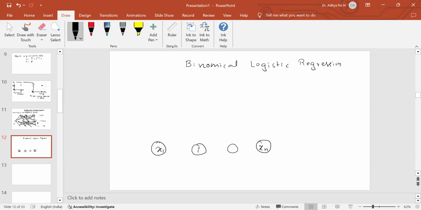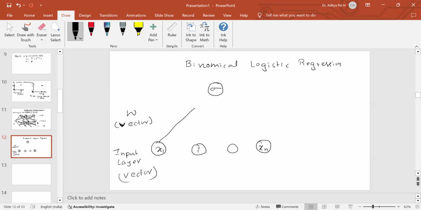So we have inputs from x1 to xn. When the input is applied with the weight w, this w is the weight, which is nothing but a vector for binomial logistic regression, and the input layer x1 up to xn is also a vector. So the input is a vector, and the weights are also vectors.